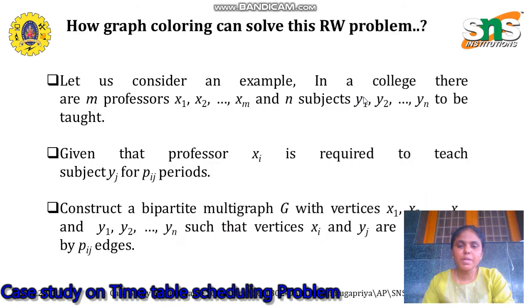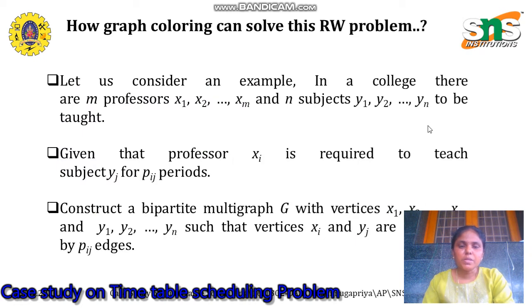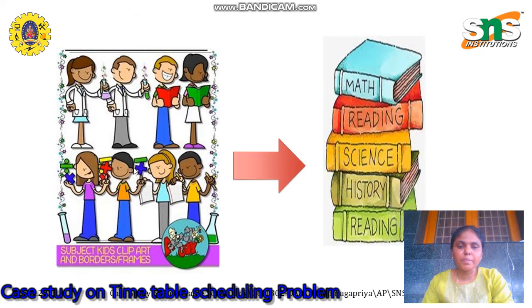Then the subjects are represented y1, y2, y3 up to yn. Given that professor xi is required to teach subject yj. For example, if x1 is ready to teach science, then x2 will not choose the subject science.